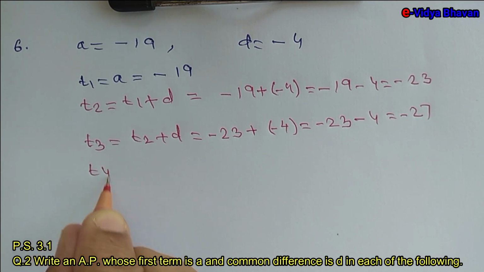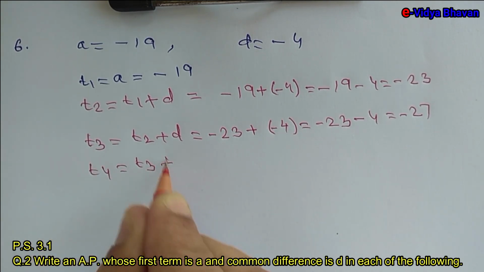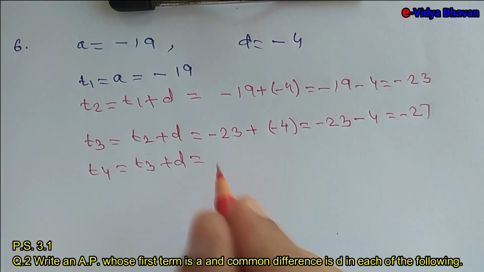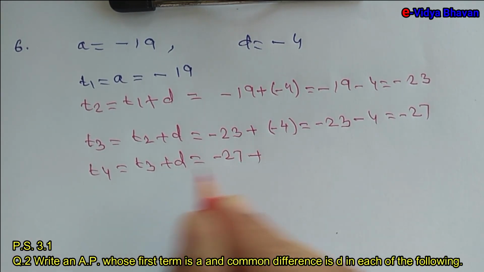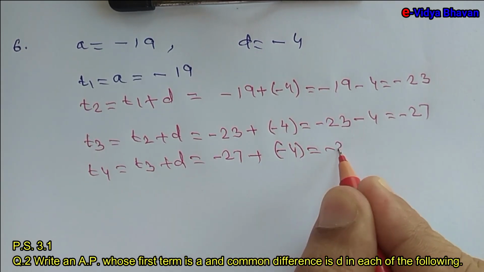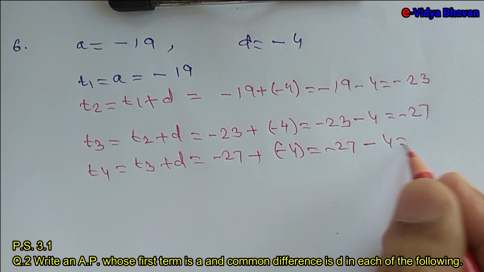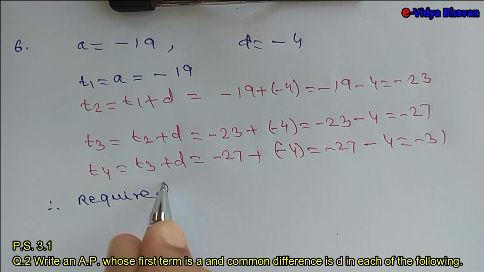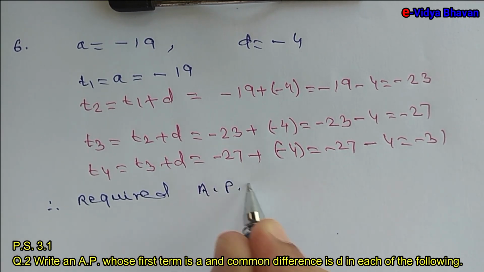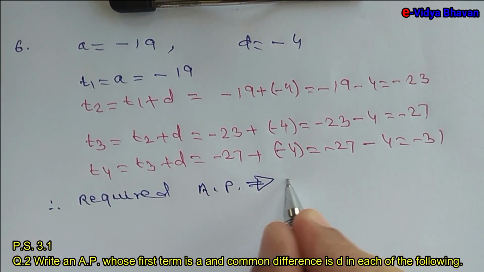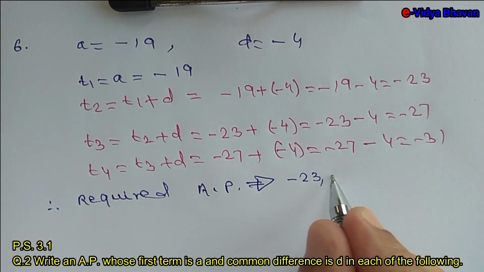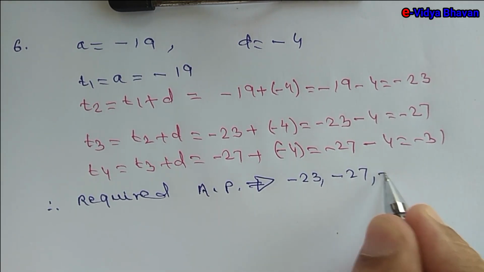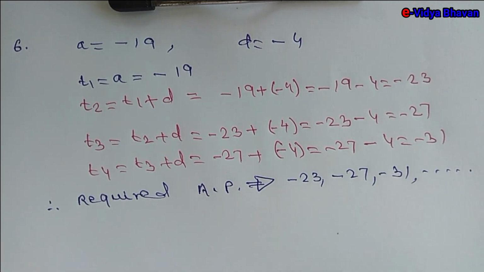Same way T4 equal to T3 plus D. T3 we have got it minus 27 plus D minus 4, minus 27 plus minus 4, minus 31. So therefore you can say required AP we have minus 23, minus 27, minus 31 and so on.